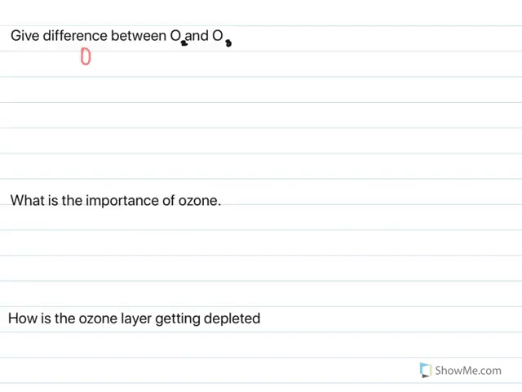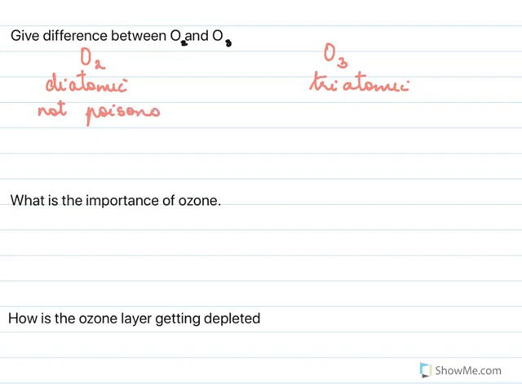Give the difference between oxygen and ozone. So oxygen is diatomic, ozone is triatomic. Oxygen, for most life forms, is not poisonous. Ozone is poisonous.